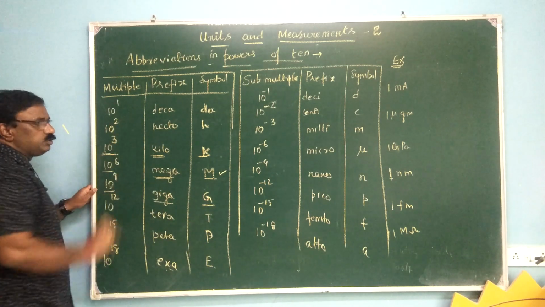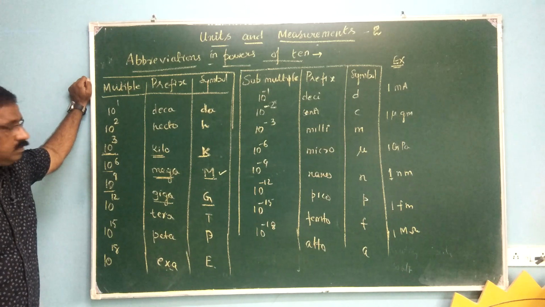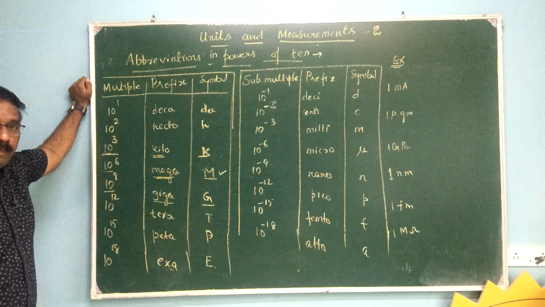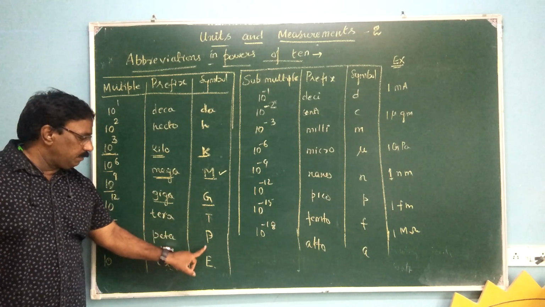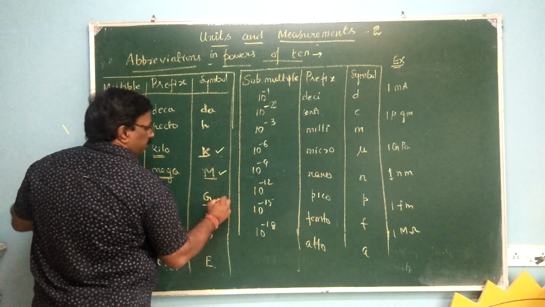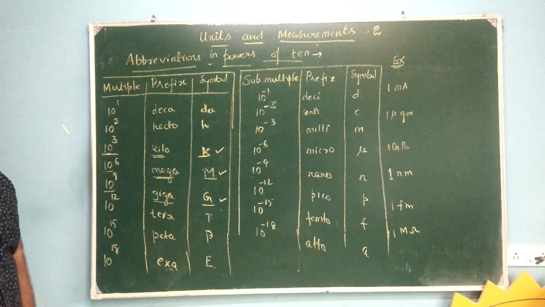These are the three we use mostly. Kg, kilometer, mega 10 power 6, giga 10 power 9. From here onwards, capital letters are there. Please check. If you remember this, it is enough. The remaining won't come into the picture.